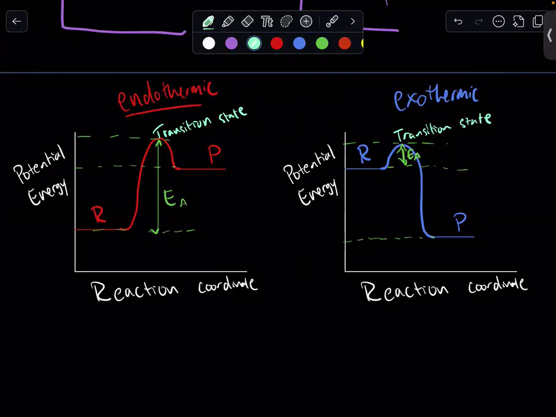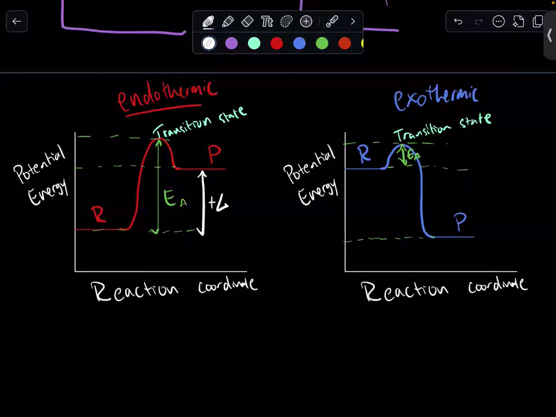And lastly, with this diagram, we can list the change in energy. So this gap is still going to be plus delta H, while this gap is still going to be minus delta H. So this is what our actual energy profile diagram looks like moving forward.